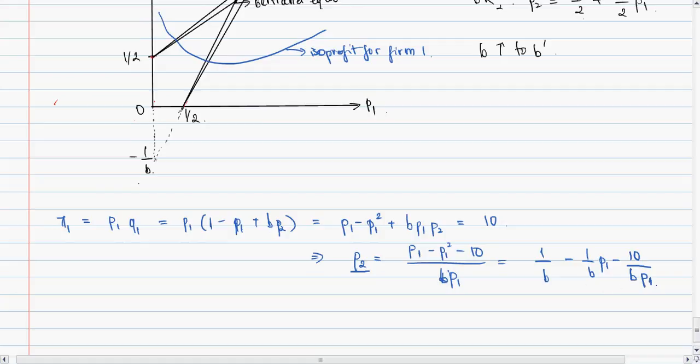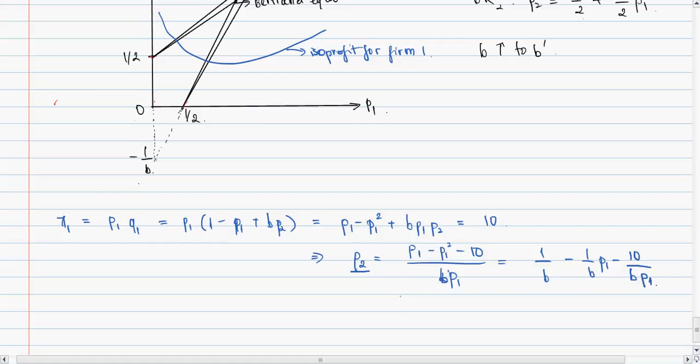Now if you want to draw this, the easiest thing is to find a stationary point, basically find a maximum or minimum point, and see whether the curve is concave or convex by doing the second derivative. So you're doing the first derivative to find a stationary point, doing the second derivative to find the concavity or convexity of the curve.